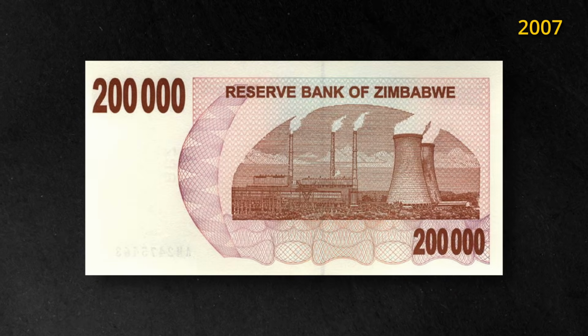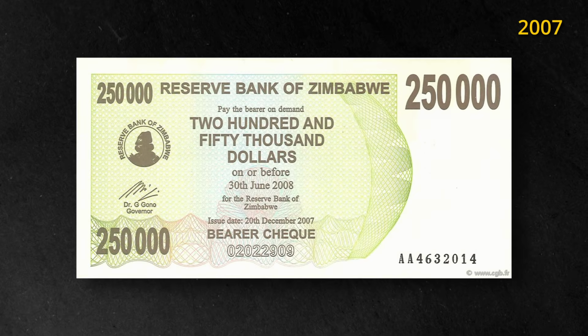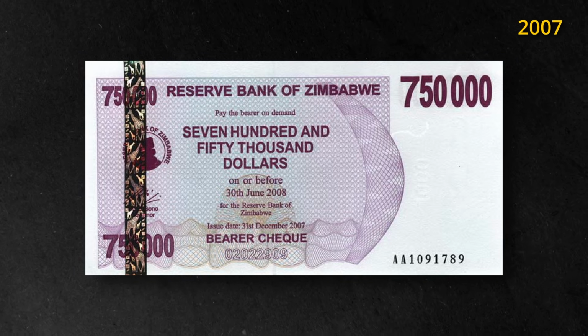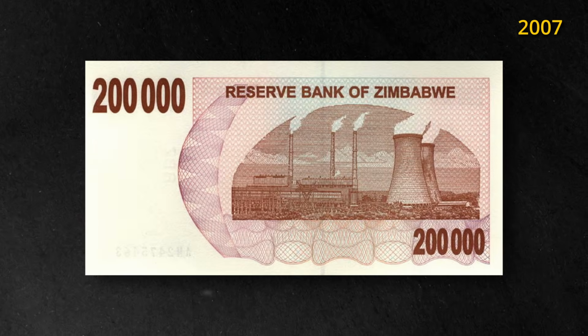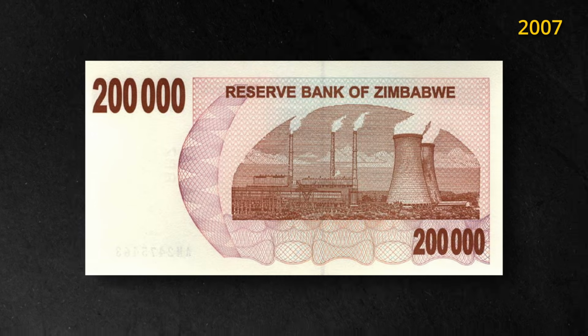The Reserve Bank of Zimbabwe subsequently introduced 3 notes at once: the $250,000, the $500,000 and the $750,000 denominations on the 20th of December 2007. The $200,000 bearer check had its date of lapse extended twice to 31 December 2008.